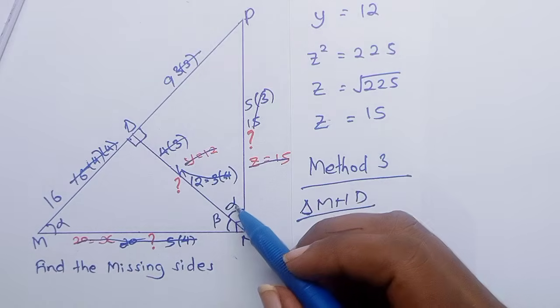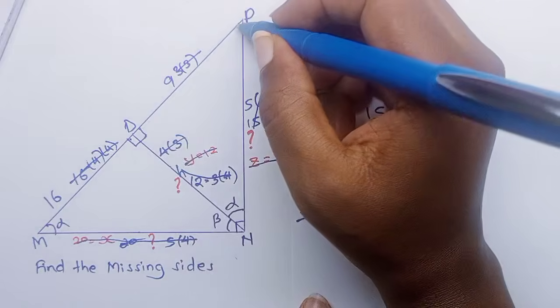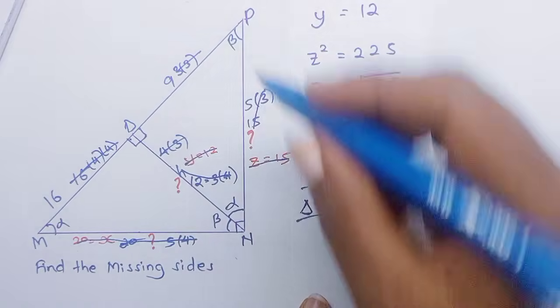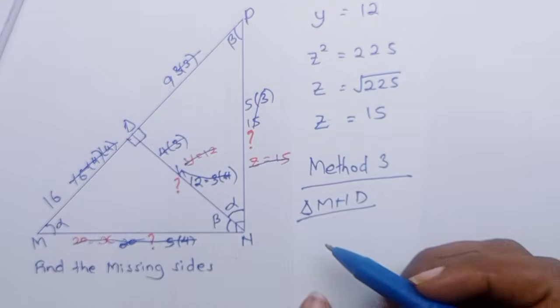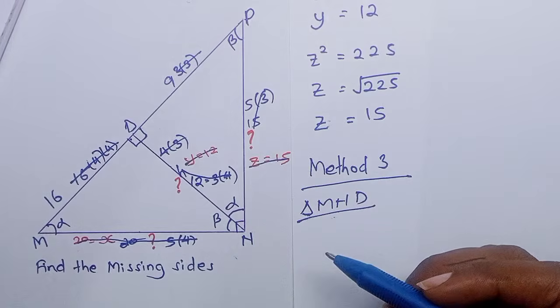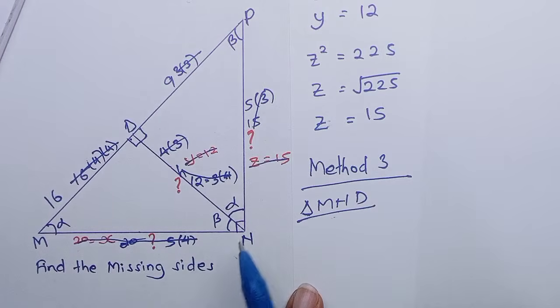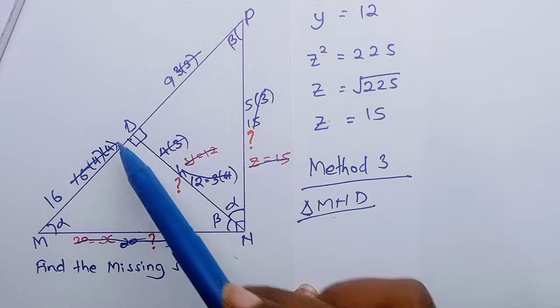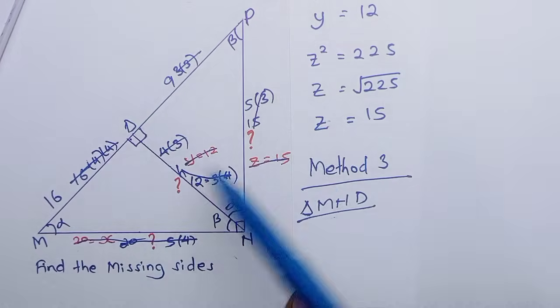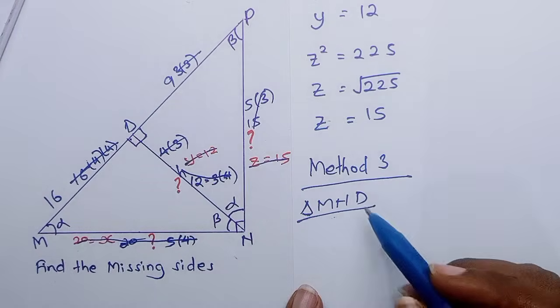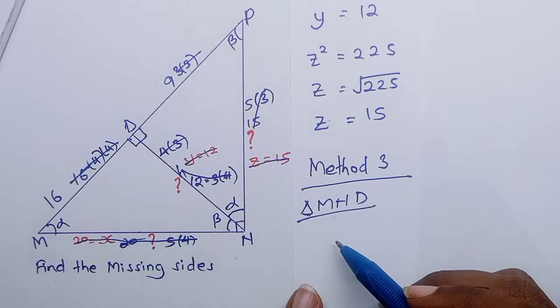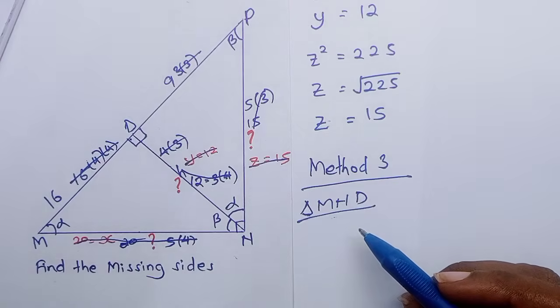Now that this is alpha, this is 90, that implies that this is beta, because it's the complement of alpha. So that implies that this triangle MND and this triangle PND are similar.